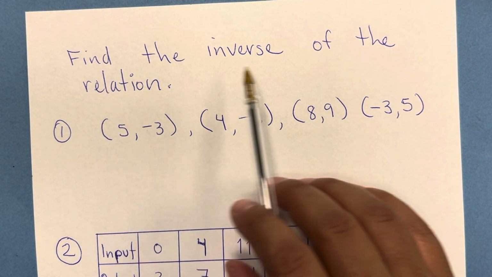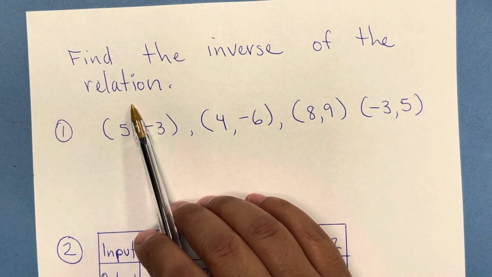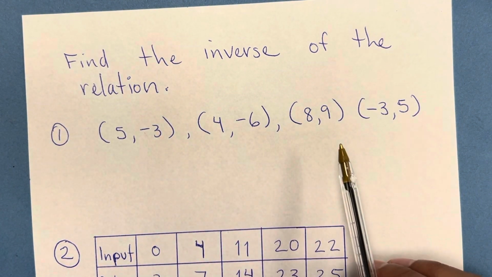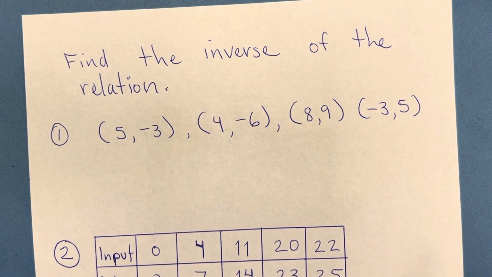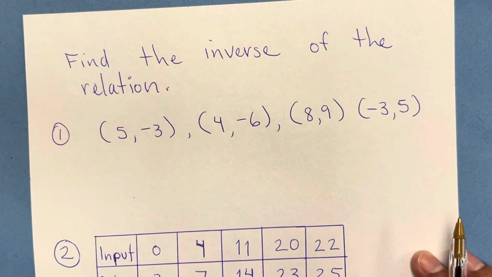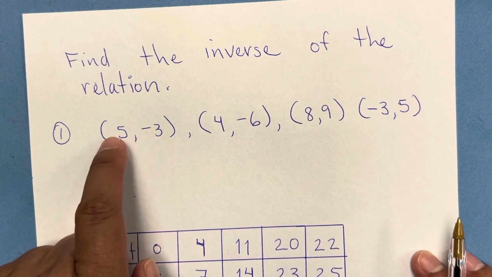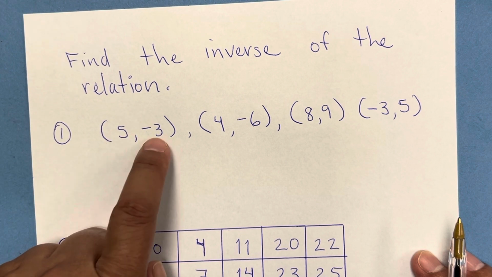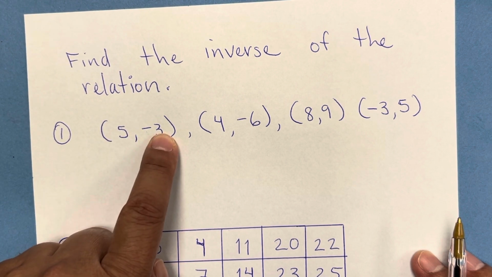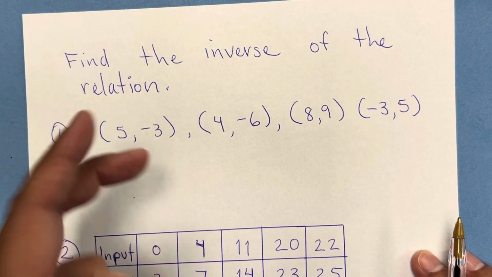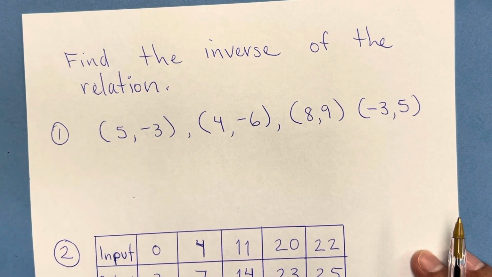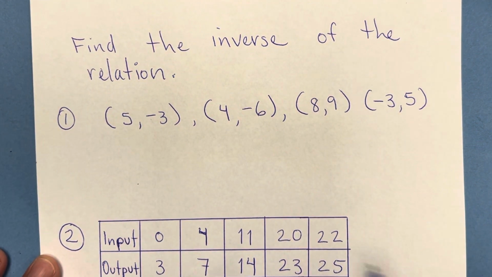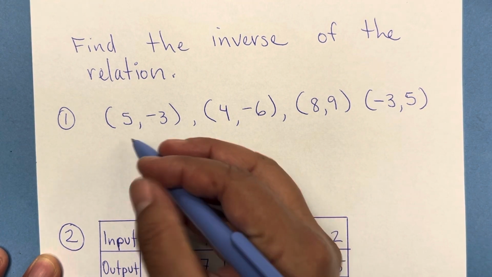Or it says find the inverse of the relation. In any relation, what you will see is that the inverse will exchange the value of x and y. The positive stays with 5 and the negative stays with 3. The inverse only switches the values for x and y. Okay, that's all it does. So in here we have 5, -3.